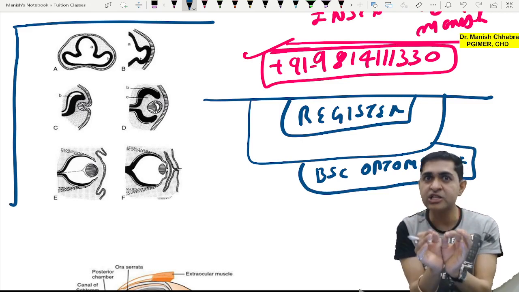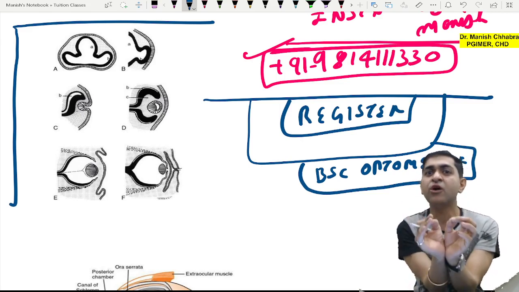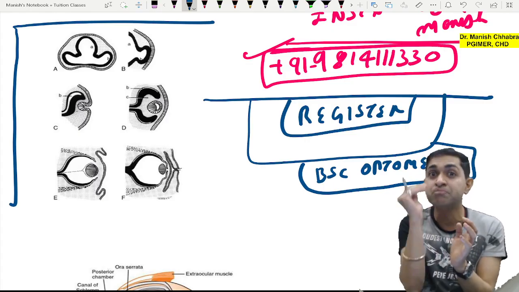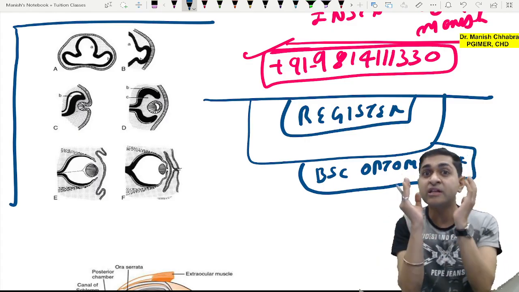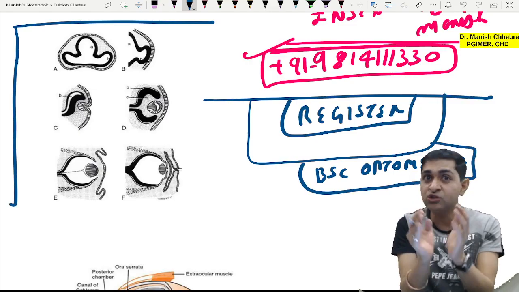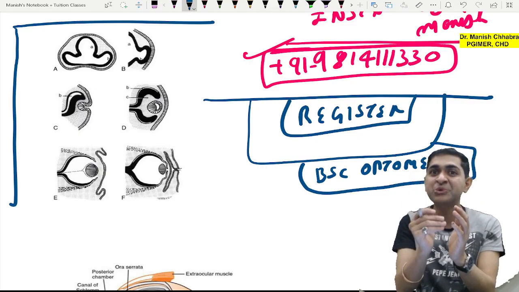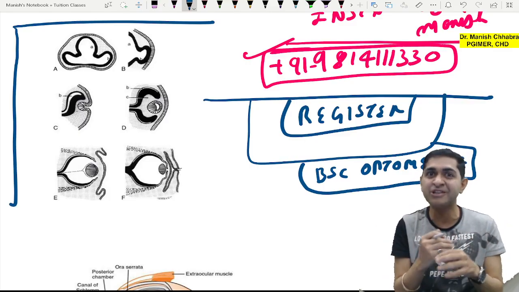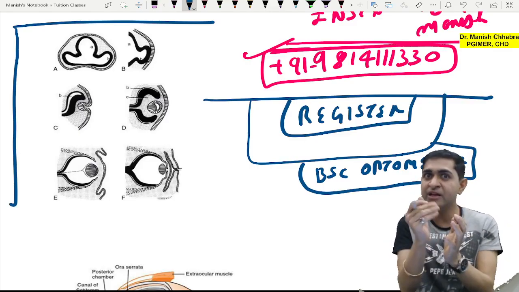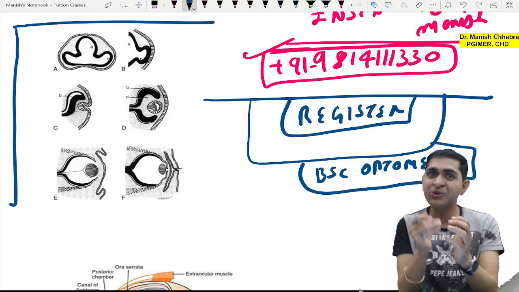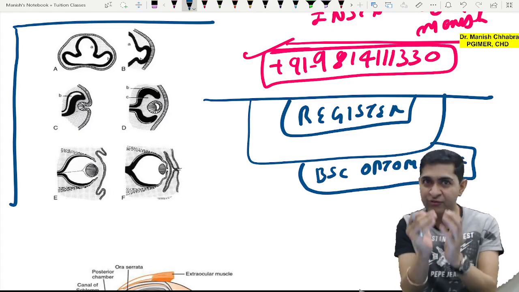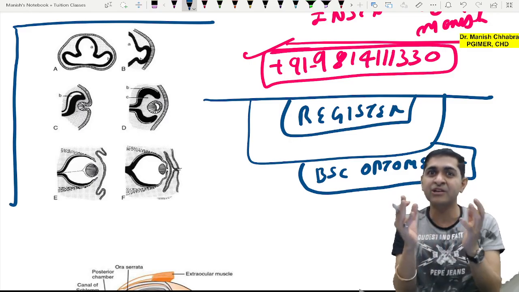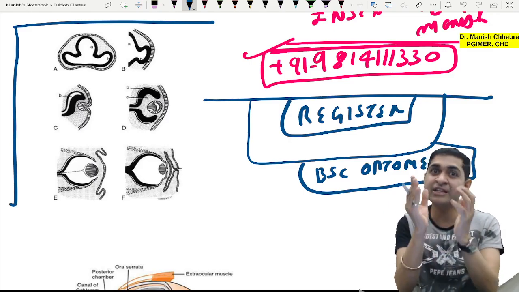These classes will be helpful not only for the prof students, but also for Optometry students, and for postgraduate aspirants who want to touch the subject in detail. If you did not read ophthalmology well in your prof, this is the chance for you to go through it and know everything in detail.